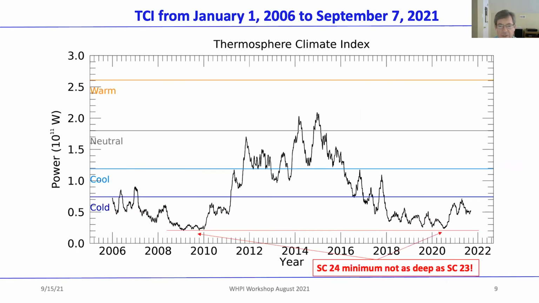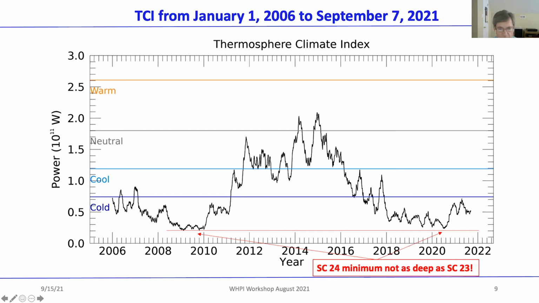Now, one of the neat things you can look at is you can compare different solar cycles and different solar minima, and that's what we have here. So this is the TCI, the climate index, from about 2005 until today. And if you look at the solar minimum in 2008, and you compare it here in 2019, 2020, you'll see that we did not get as low, if you will, in terms of the amount of energy radiated from the thermosphere.